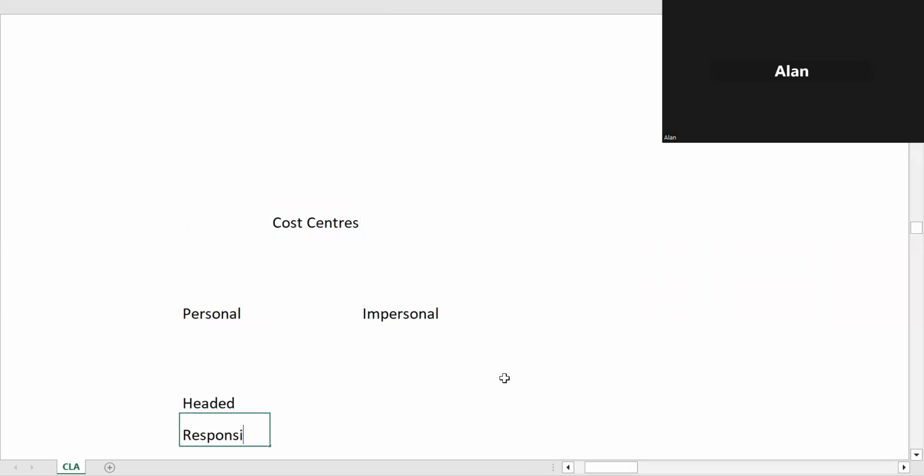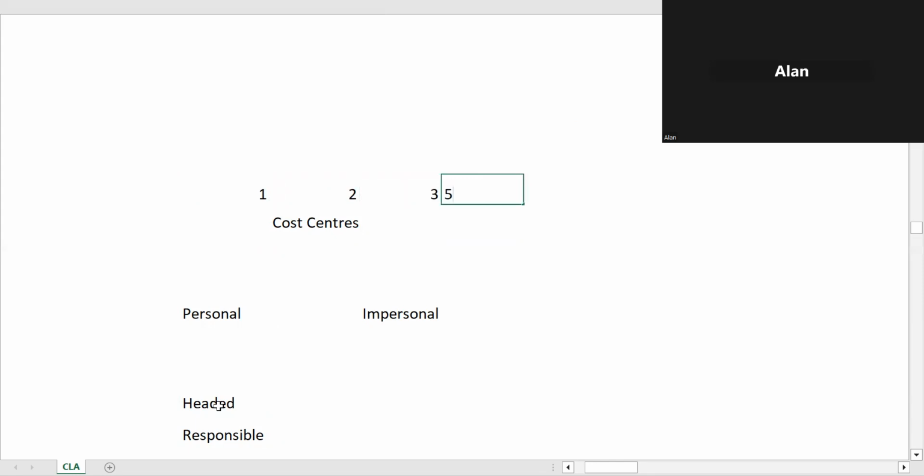So only those cost centers which are headed by a person will become responsibility centers. Now, it doesn't mean that every cost center with someone heading it will become a responsibility center. For example, you might have 4 cost centers.